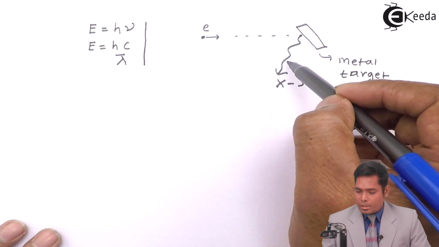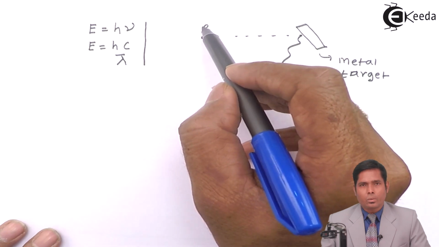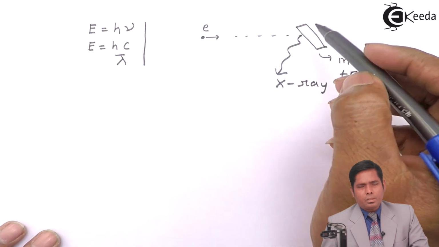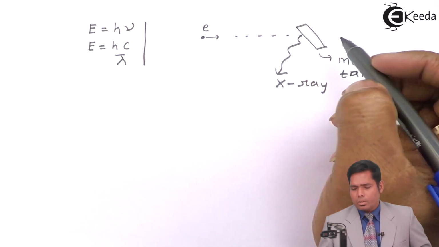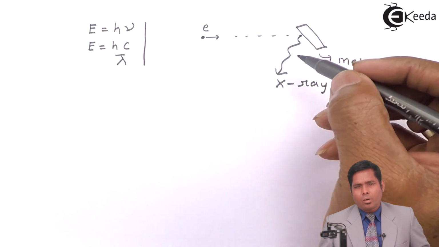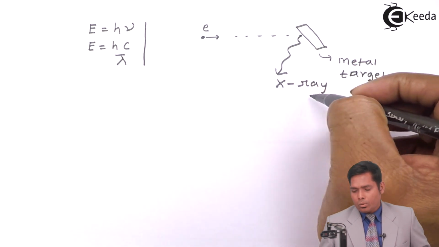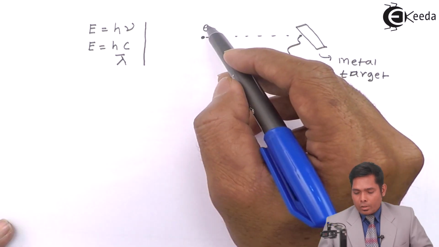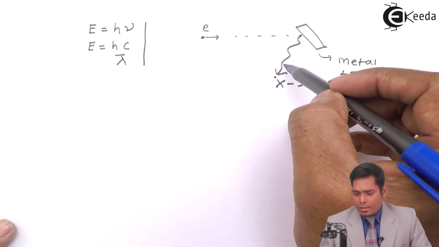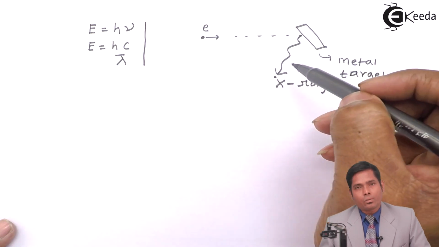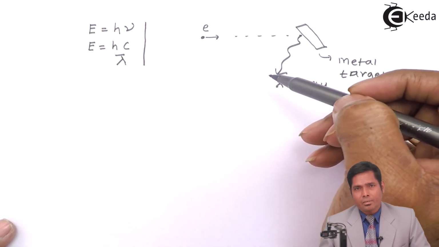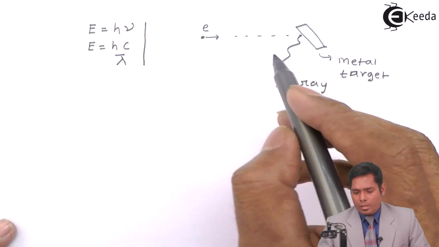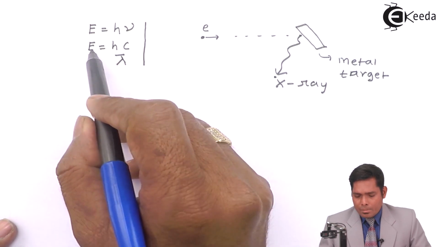The energy of the X-ray corresponds to the energy of the electron, because the energy the electron carries is transferred to the metal, and most of it is converted to heat, but in a very few cases the whole of the energy is converted to one X-ray photon, 100% energy converted. In that case, the lambda you get here is the lambda minimum, because when lambda is minimum, E is maximum.